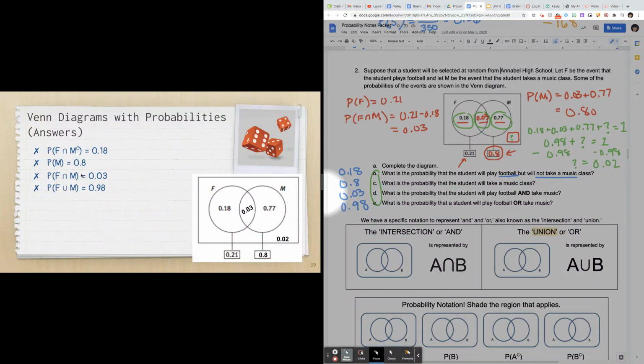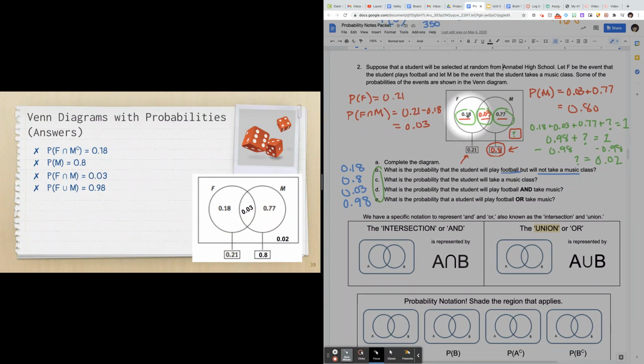Okay, and then the last one is what's the probability that a student plays football or takes a music class? So that's F and then union, because remember union means or, M, right? And remember with an or probability in a Venn diagram, the easiest way to figure that out is to just add all of the values that are inside the Venn diagram. So 0.18, 0.03, and 0.77, if you add all those up, which we actually did over here already.